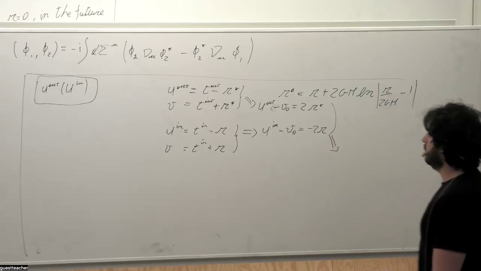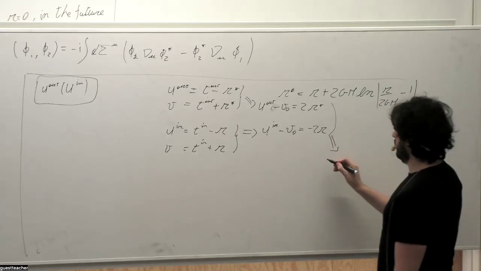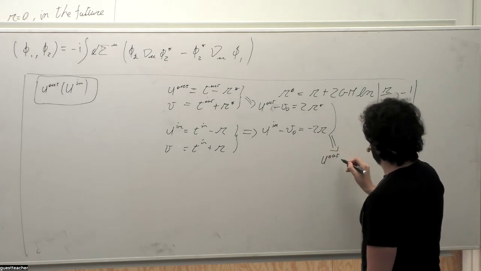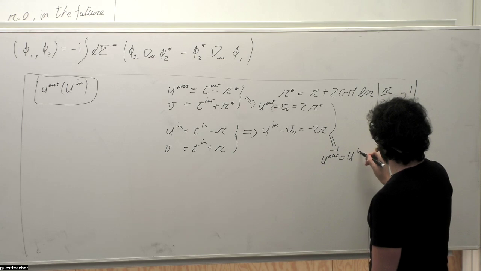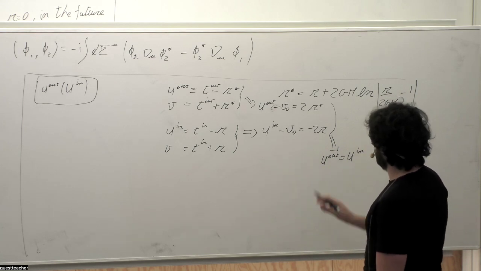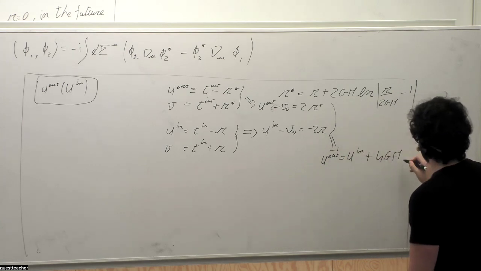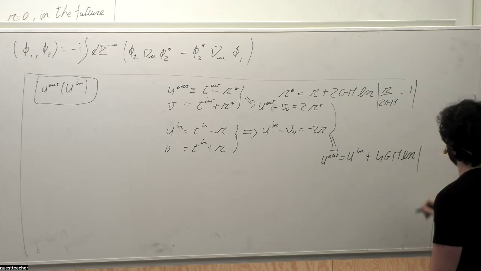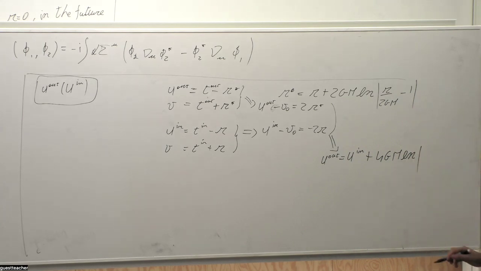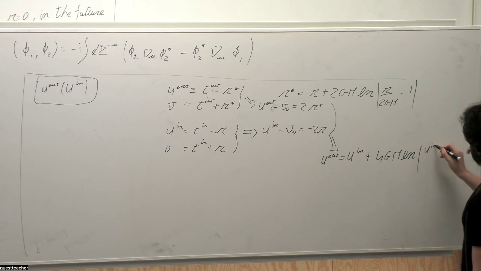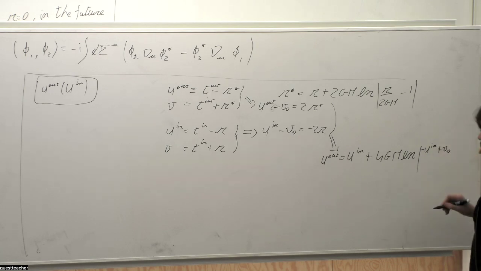And so what does this give me? This gives u out is equal to u in plus 4GM logarithm of minus u in plus v naught minus 4GM divided by 4GM.